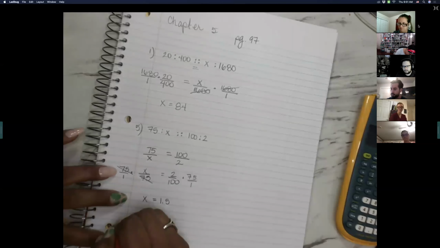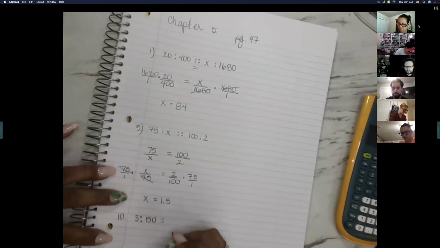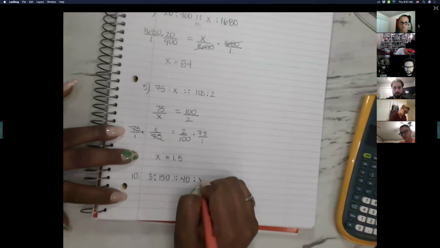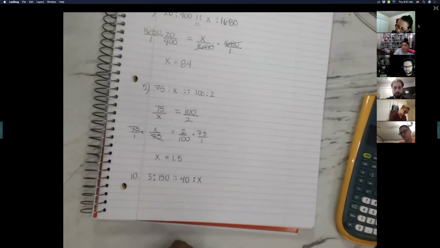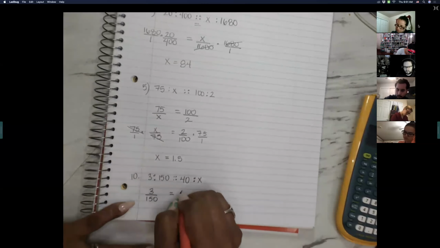Let's do number 10. It's 3 to 150 compared to 40 to x. So same thing, 3 over 150 equals 40 over what?